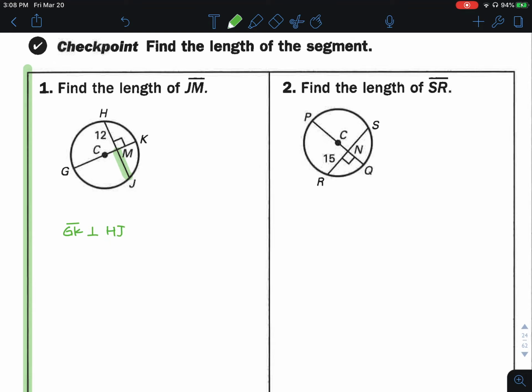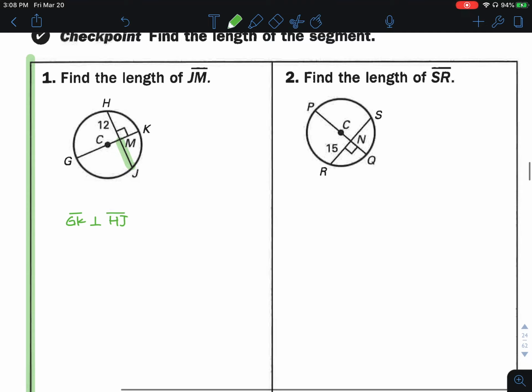Because it's perpendicular, and because GK is a diameter, I know that HM is congruent to MJ. Okay. Again, because it's perpendicular and it's a diameter, it's going to bisect that chord.